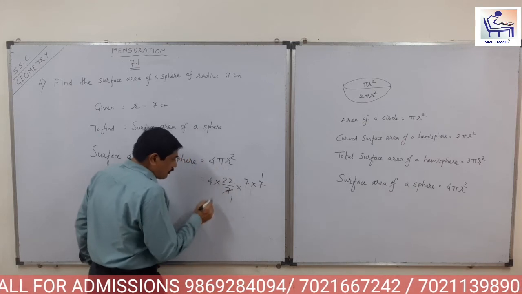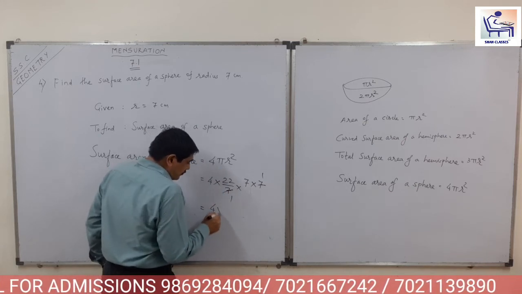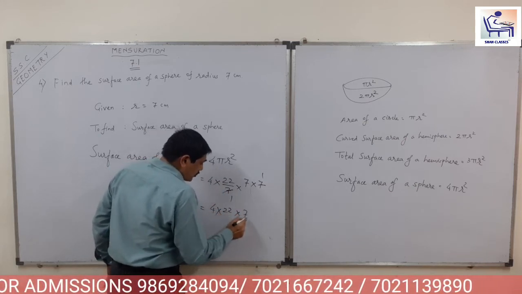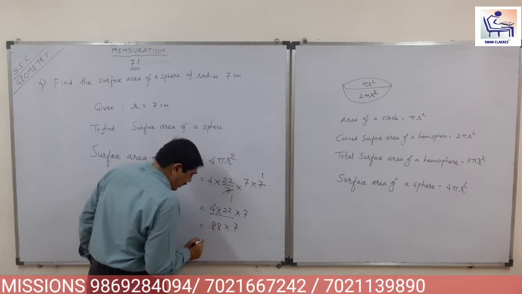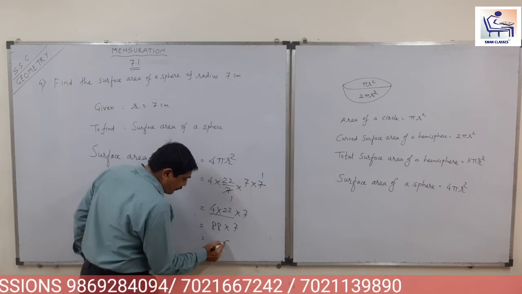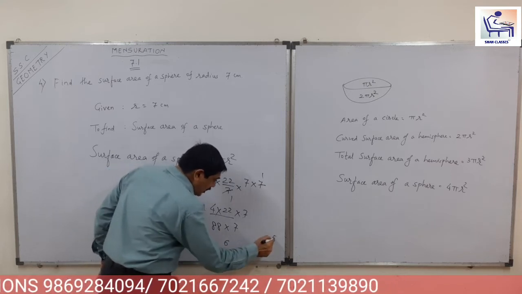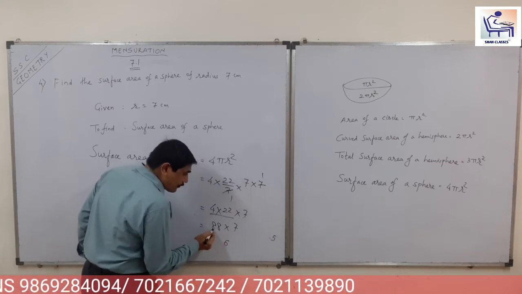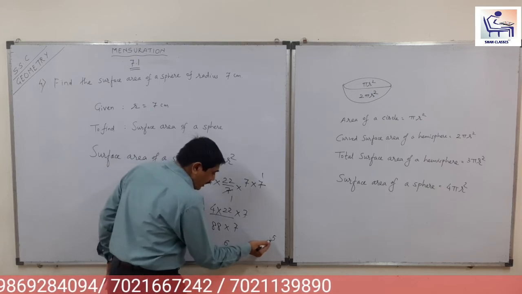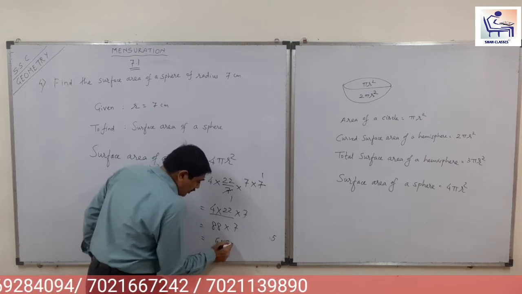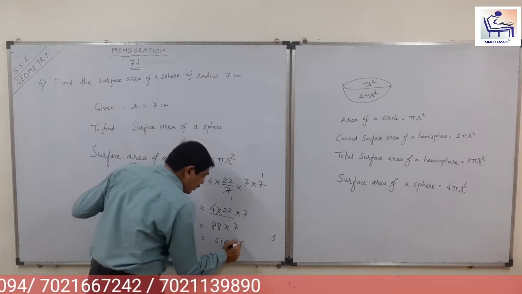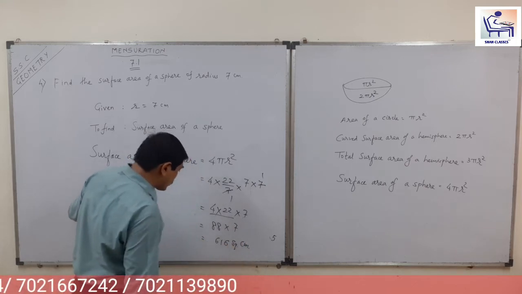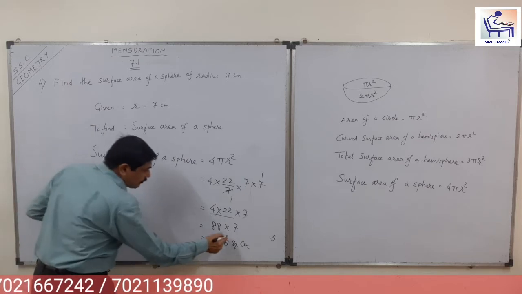Now you multiply them. 4 into 22 into 7, we can say 88 into 7. Now 7 8s are 56. 5 remains. Then again 7 8s are 56 plus 5, 61. Square centimeter. This is an area. So 616 square centimeter.